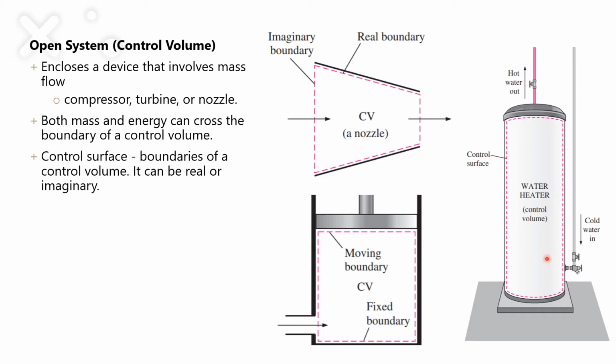Instead, we can concentrate our attention on the volume formed by the interior surface, which is called the control surface, of the tank, and consider the hot and cold water streams as mass leaving and entering the control volume.